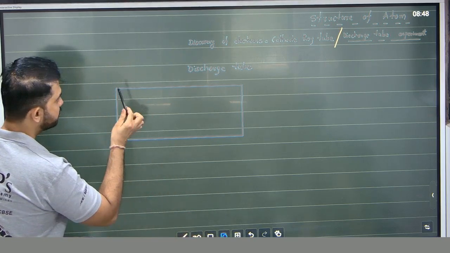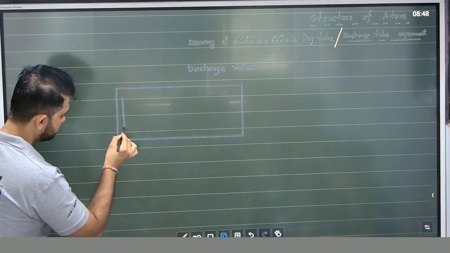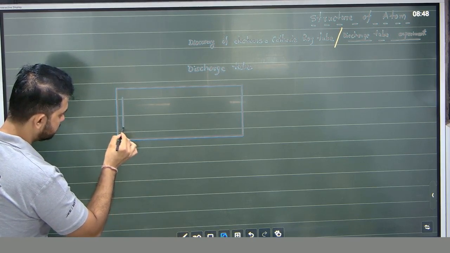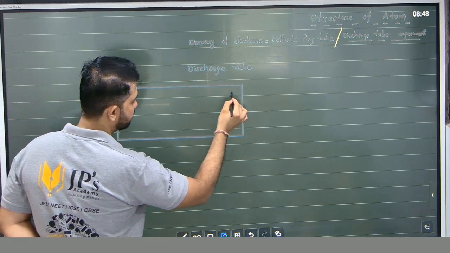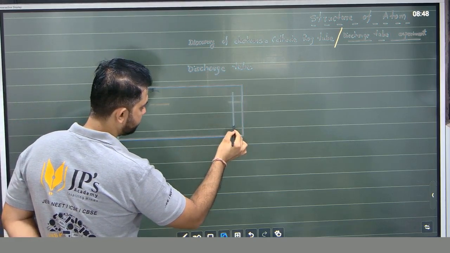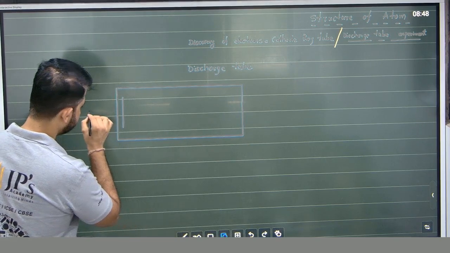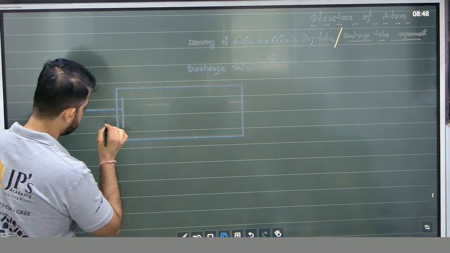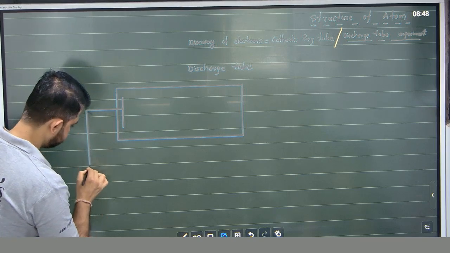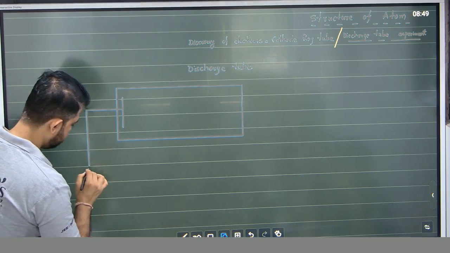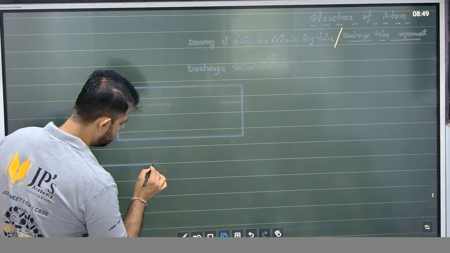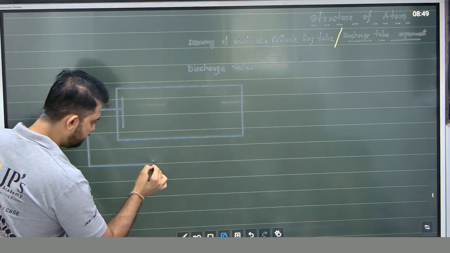So I have an electrode over here, and an electrode over here. Now this electrode is connected to a very high voltage source.